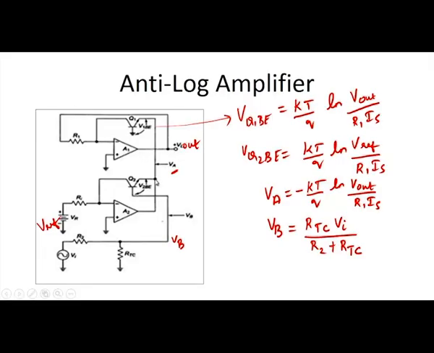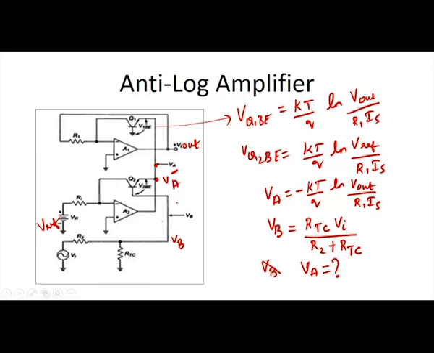Now write the equation for VA from the amplifier A2. Previously, this VA was written from the amplifier A1. Now, what is the equation for VA from the amplifier A2? This point is the same as this point, this is VA.